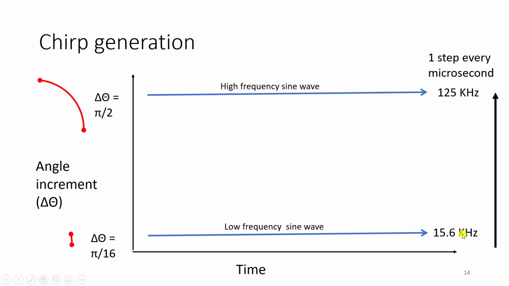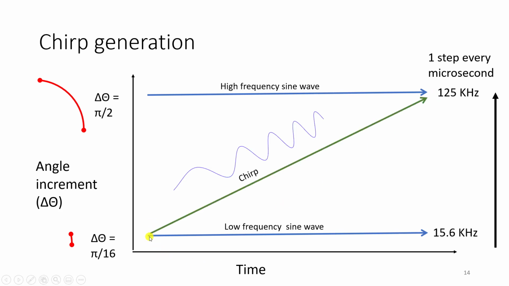And if we look at our maximum step of pi over 2 radians, and take that step every microsecond, every millionth of a second, this would result in a sine wave of 125 kilohertz. And if we smoothly interpolate between the two, so we slowly increase that step size, we're going to end up getting this chirp waveform that's smooth without discontinuities.